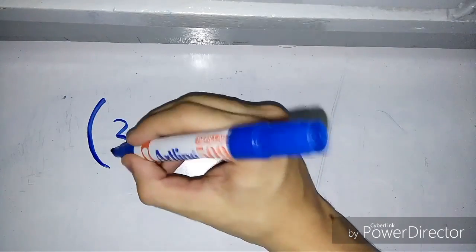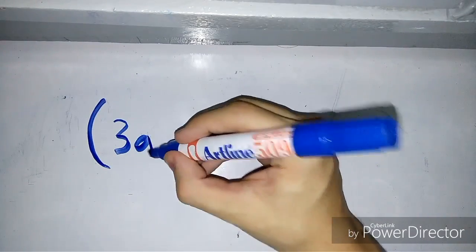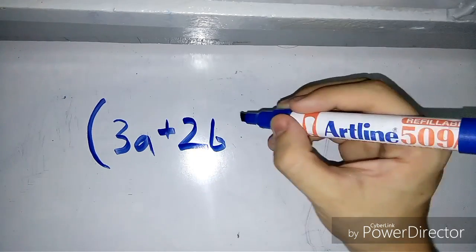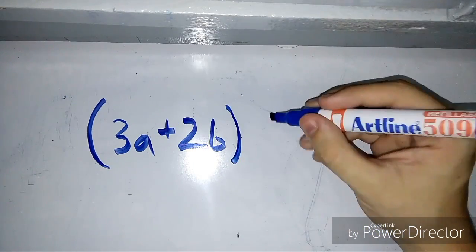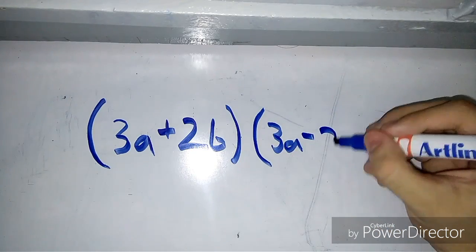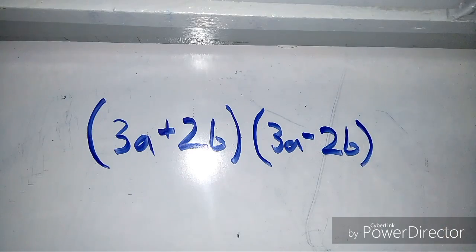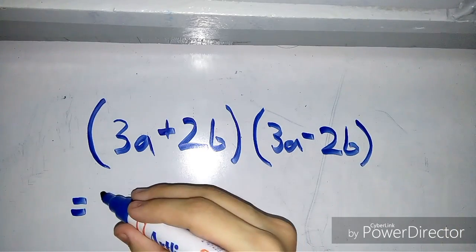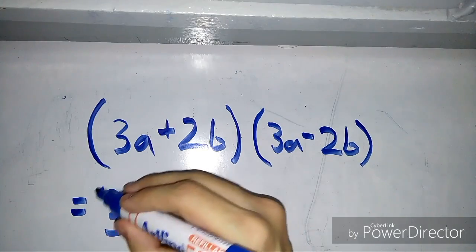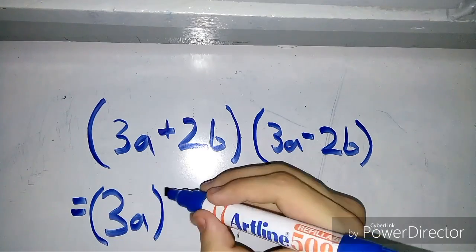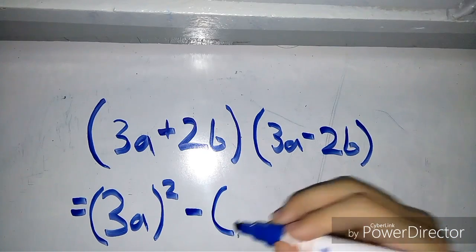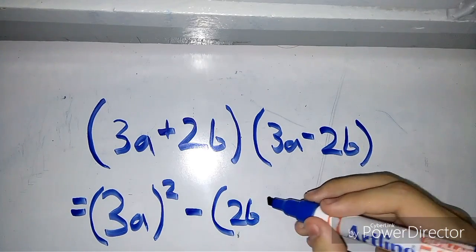Next, we'll be doing a harder question, and we'll be using the example of the quantity of 3a plus 2b. We'll be doing the same thing on the other side, but with an opposite sign, or negative sign. So we're going to be squaring the first term, separated by a negative sign, and we're going to square the last term.